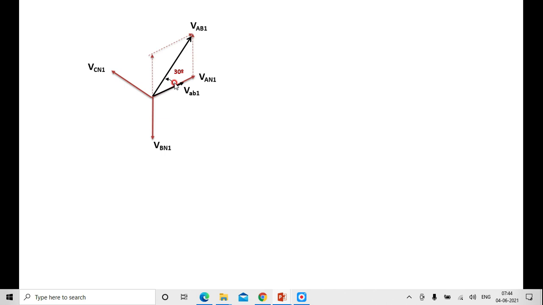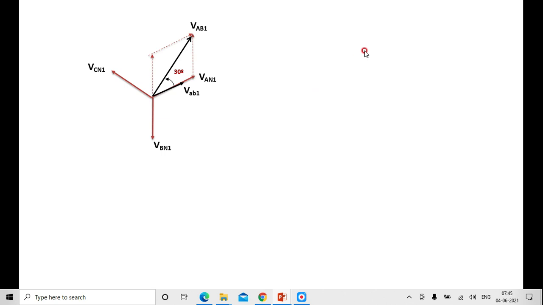That is what we call the phase shift in the case of the positive sequence component.